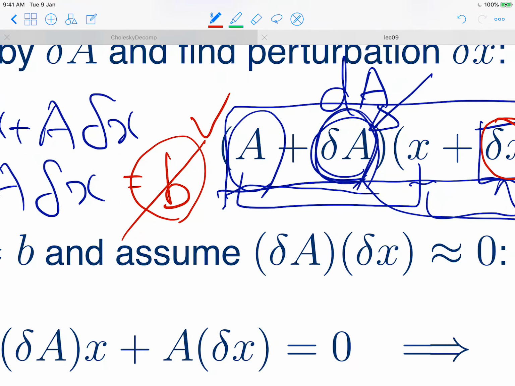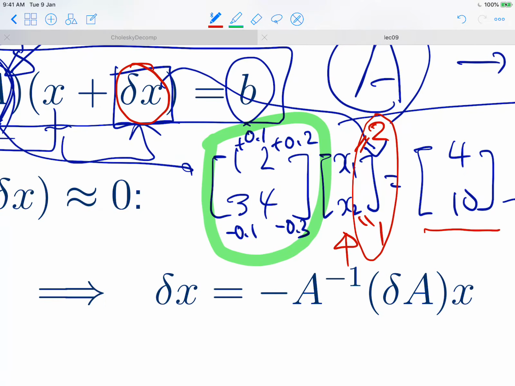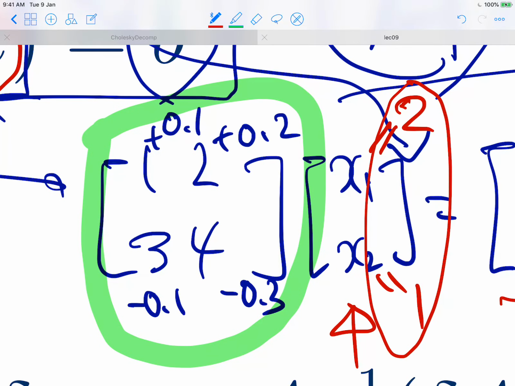So it has the scale of like 1, 2, 3, 4, which is the range between 0 and 10, for example. And then this small perturbation of 0.1, 0.2, negative 0.1, negative 0.3. Those will have a much smaller scale.